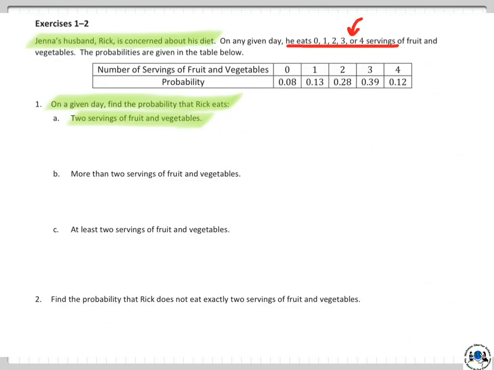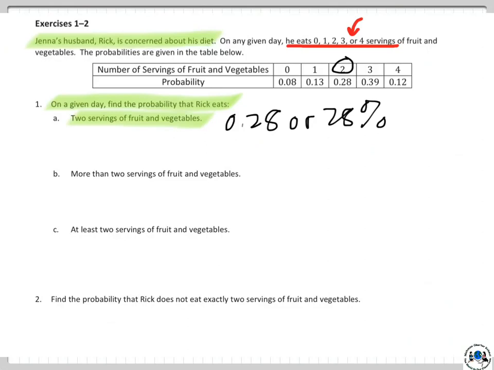Okay, I'm pretty certain you didn't have any difficulty with this. So let's go ahead and check 2 servings of fruit and vegetables. What's the probability there? Of course, it's 0.28 or 28%. I know the answer guide in my teacher packet here just leaves it at 0.28. Not quite sure why, because these are always going to be equivalent.